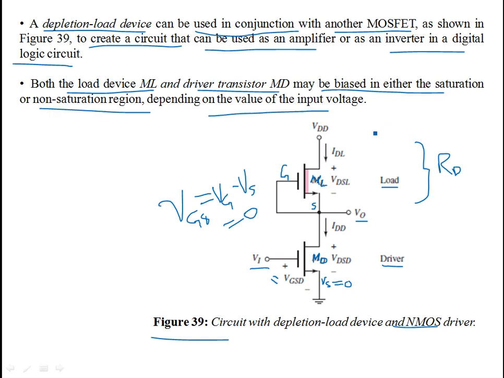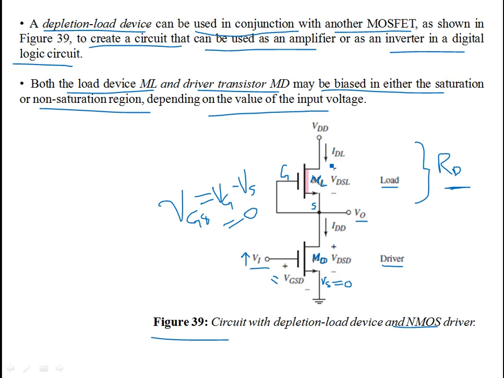So the idea is very similar. Previously, in the DC analysis of the last video, we talked about the enhancement mode NMOS device, which was being used as a nonlinear resistor. Once you have a high value of Vi, if Vi is large, it creates a large current.